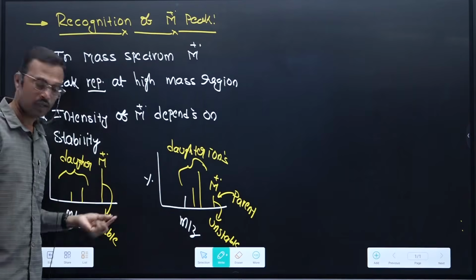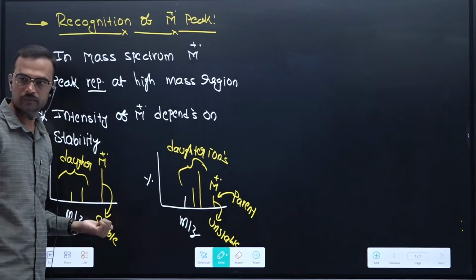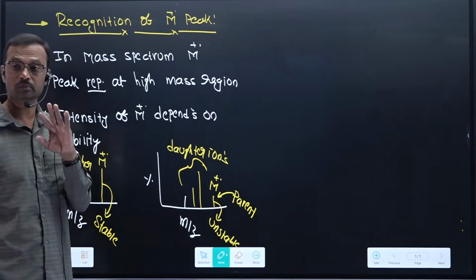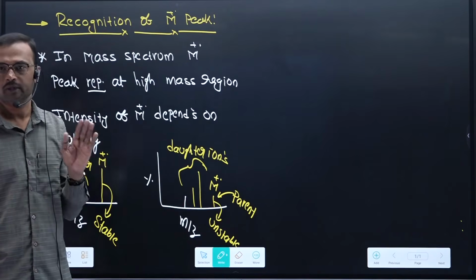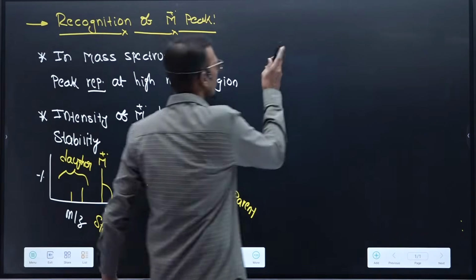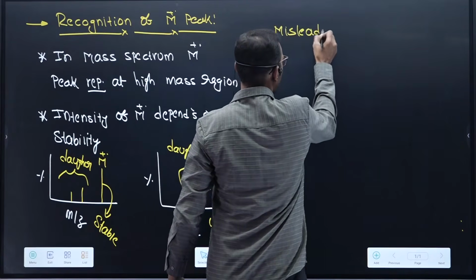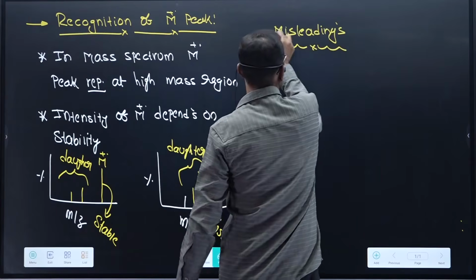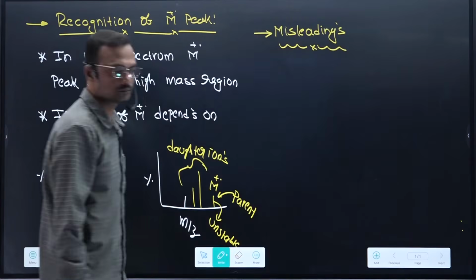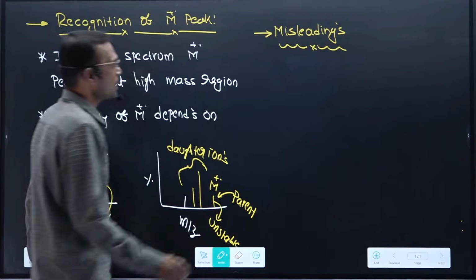A misleading is when we guess that the last peak is the molecular ion peak, but sometimes, due to common mistakes by the observer, the last peak cannot be a molecular ion peak. So three possibilities are there, and they are called misleadings of the last peak. Don't think that the last peak is always the molecular ion.